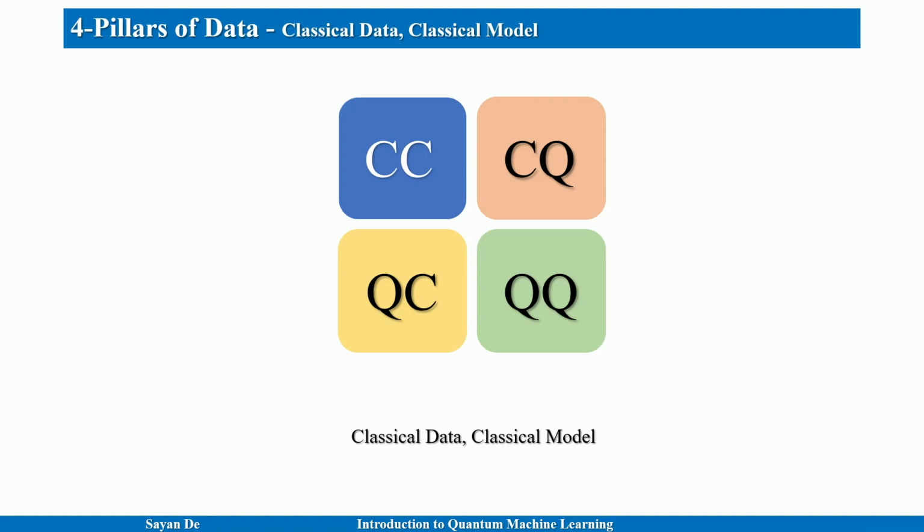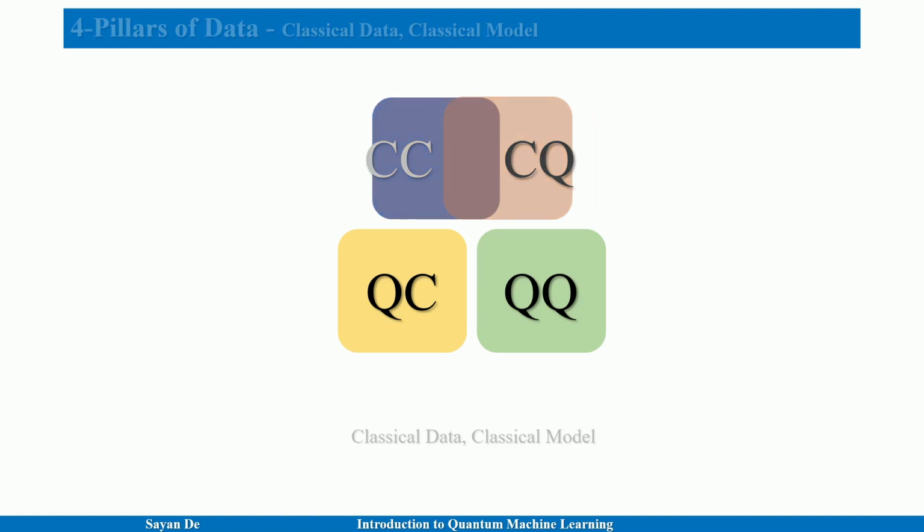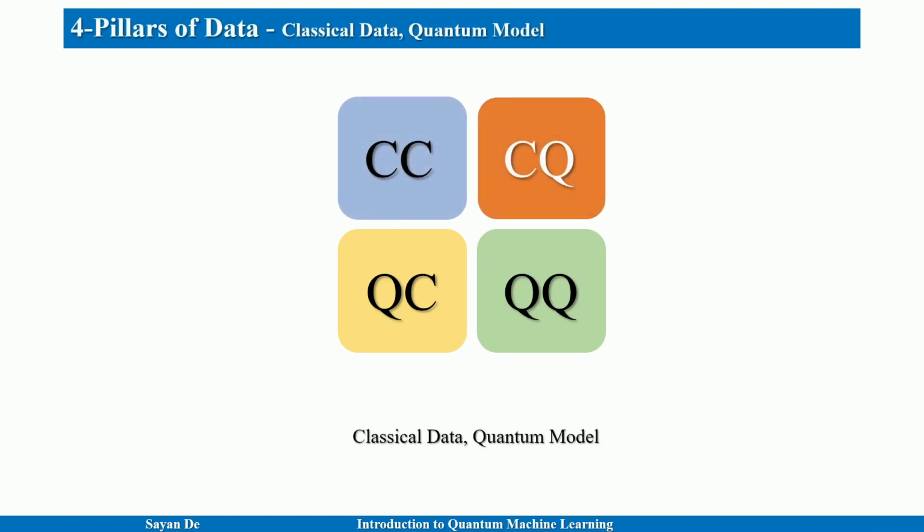We have the classical data and we have the classical machine learning models or algorithms. We train in the classical system and everything works fine, right? After that, we have classical data with a quantum model or in the quantum system. This is the dream one that we are working on. We have the classical data, we encode this into a quantum state, then we process the quantum state, and after that with some quantum machine learning models we will have some output. So this is the part that everyone uses right now.